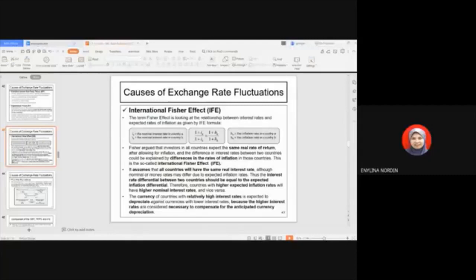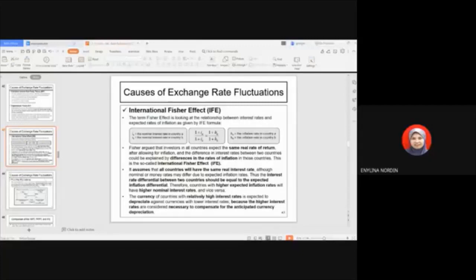So this will result in an increase in the real value of the associated currency as compared to other currencies. That means it will result in currency appreciation. Okay, right. So that is about the international Fisher effect.